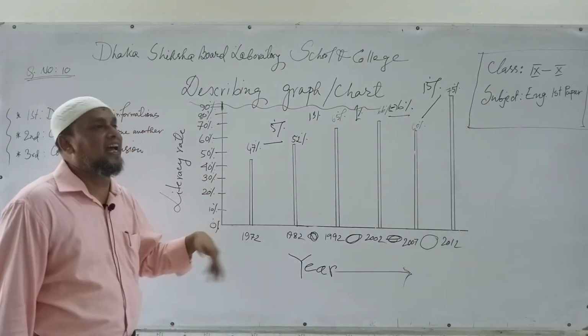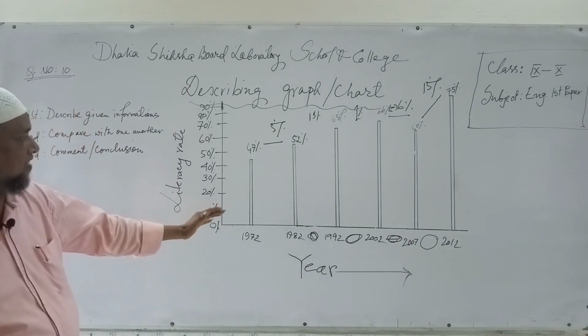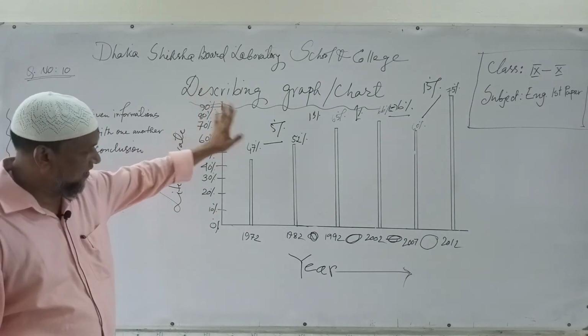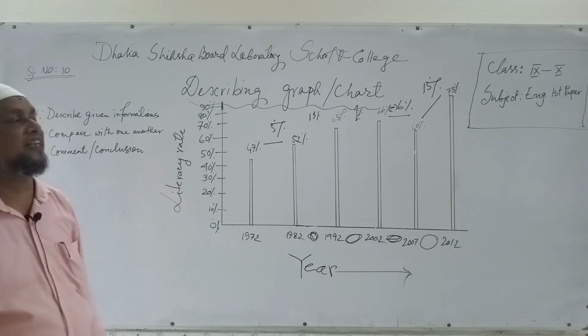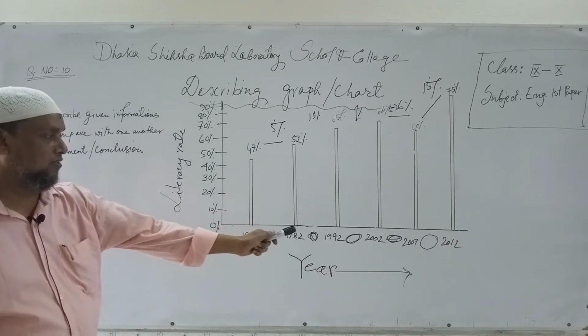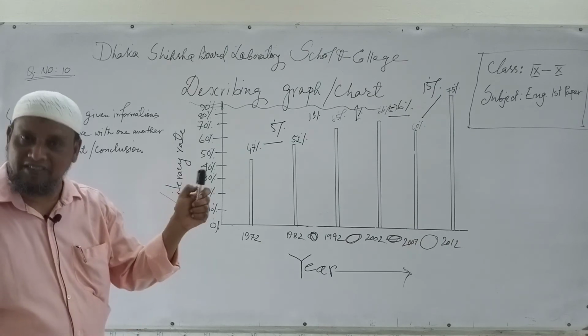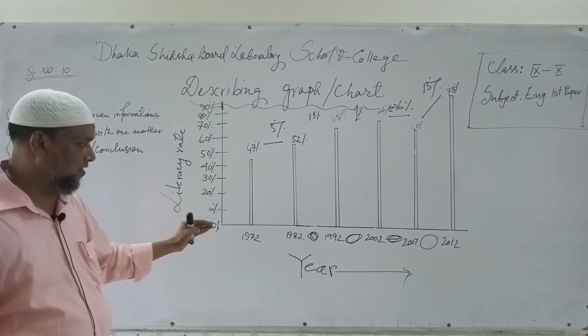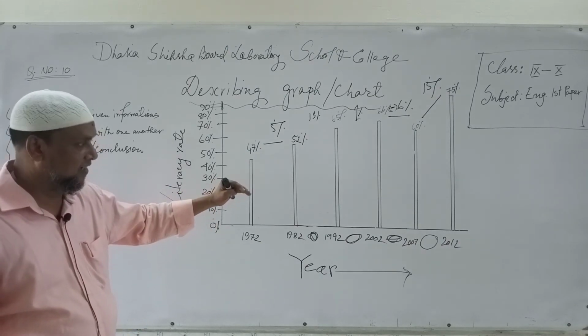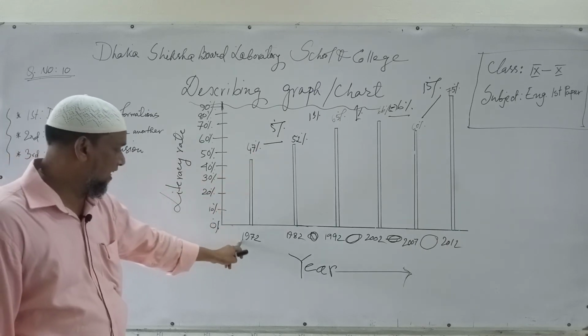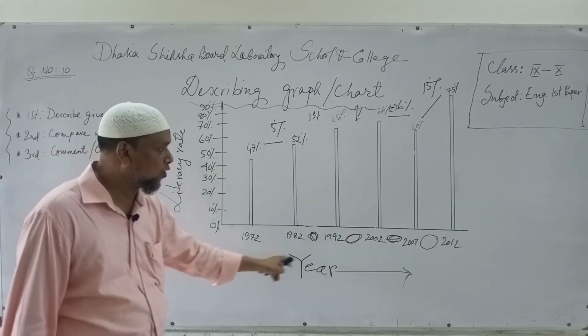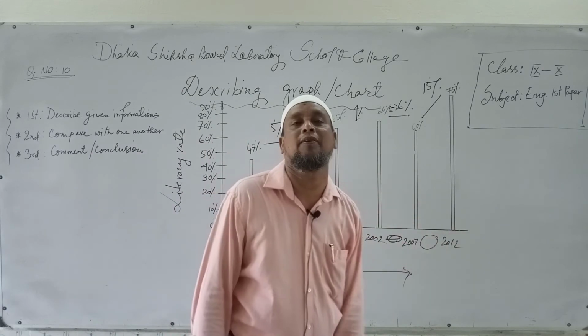So, by analyzing the information given in this graph, we can say that in 2007, though the literacy rate decreased, the continuation of increasing rate continues from 1972 to 2012.